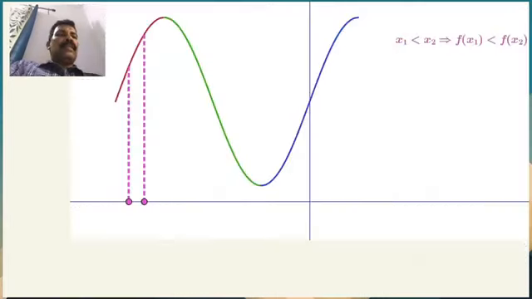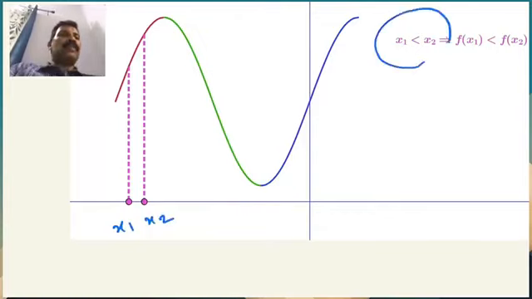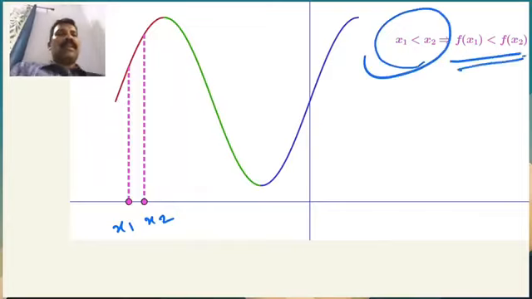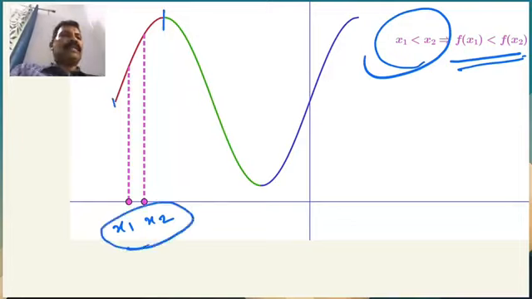Now you can see the graph here. If you choose the points x1, x2, of course x1 less than x2, and you can see that for this red branch of the graph, from here to here, whenever x1 is less than x2, f of x1 is strictly less than f of x2.